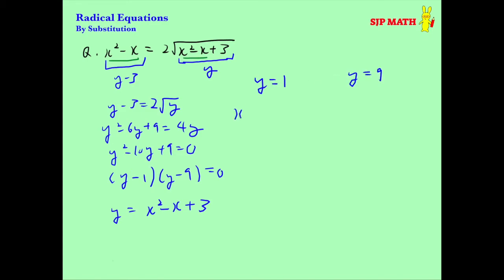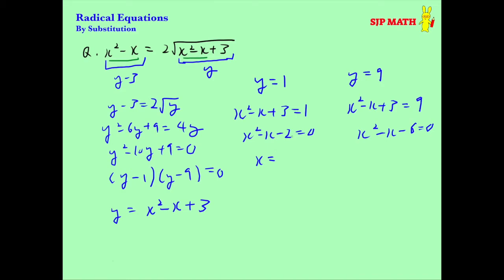So x squared minus x plus 3 is equal to 1, or x squared minus x plus 3 is equal to 9. So x squared minus x minus 2 is equal to 0, and x squared minus x minus 6 is equal to 0. And these quadratics are pretty simple. I did go over how to factorize them earlier, but I'll just go straight into it due to time constraints.